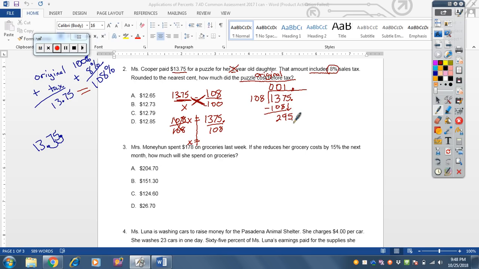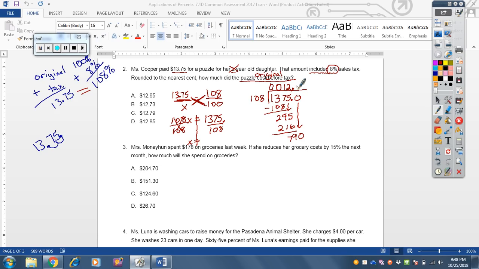Now 108 goes into 295 2 times. And I know that because my first number is 1 and my second number is 2 no matter what. Now I'm not done. I have to bring down another 0. Do you see where my decimal is already where it needs to be?